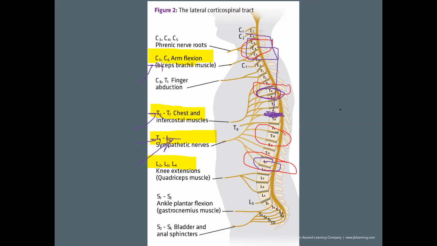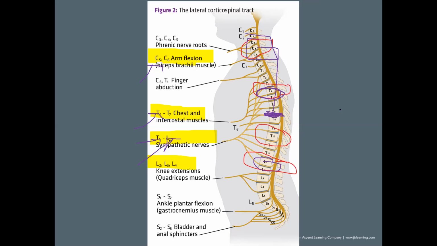The intercostal muscles, the muscles in between your ribs, and the nerves that innervate them come out of the thoracic spine. The intercostal nerves, which innervate the intercostal muscles and allow the rib cage to assist with us breathing, are associated with T1 through T12.